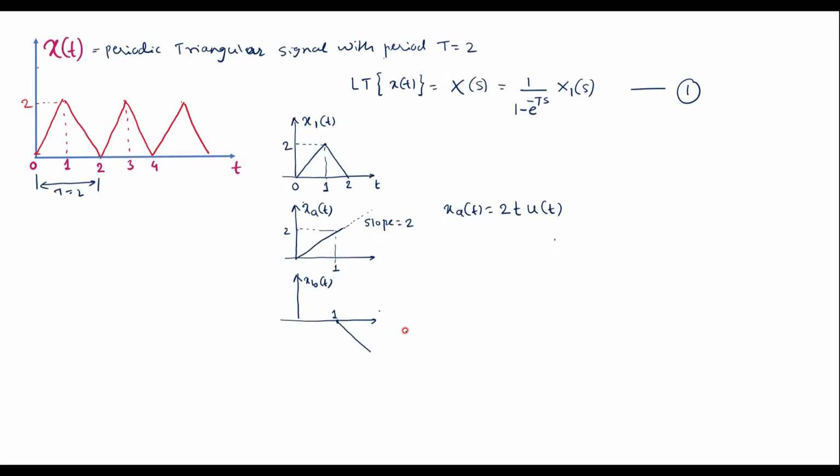So the slope of this signal is minus 2. Therefore I can represent xb of t as minus 2, beginning at t equal to 1, that is nothing but a shifted ramp signal. It can be represented as t minus 1 u of t minus 1.